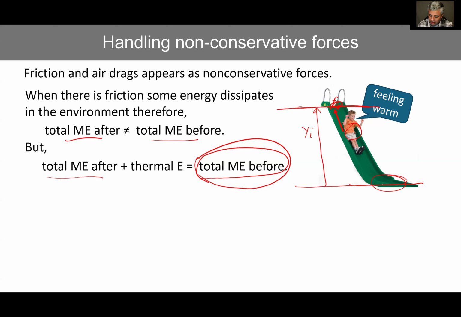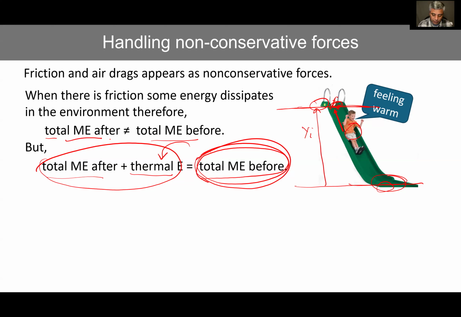But this kinetic energy is not going to be equal to this potential energy because some of the energy goes out of the kid's kinetic energy, and that's what the thermal energy is. If we add that thermal energy back to the final, then the total is still equal because total energy always remains the same. That's what conservation of energy means. So if we miss something, then it's not going to be equal.